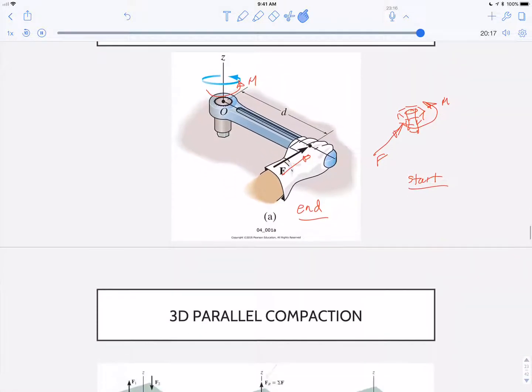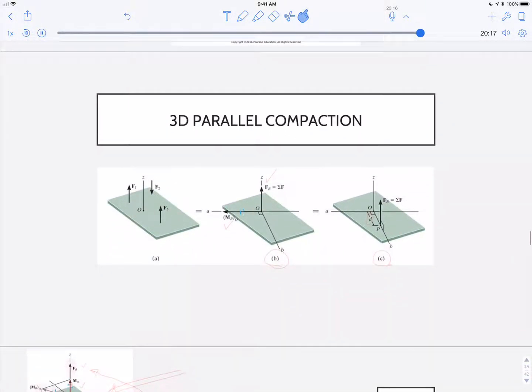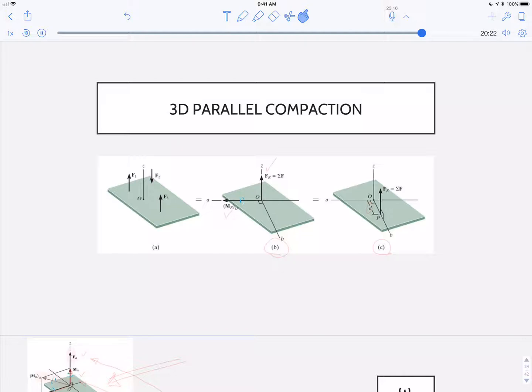Okay, here is 3D parallel force compaction. You pick an axis. You know how to take moments about an axis. You add up all the parallel forces and you get this resultant, and then you do r cross f dot unit vector, and you add them all up and you get this moment about an axis.